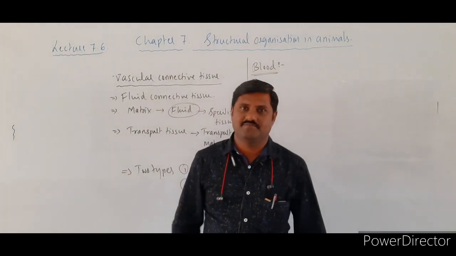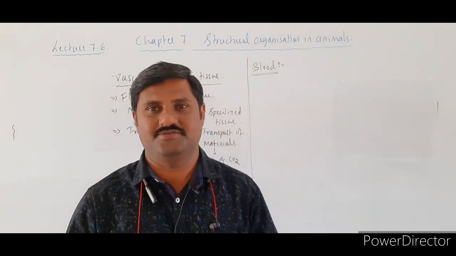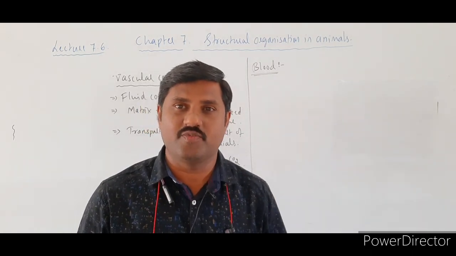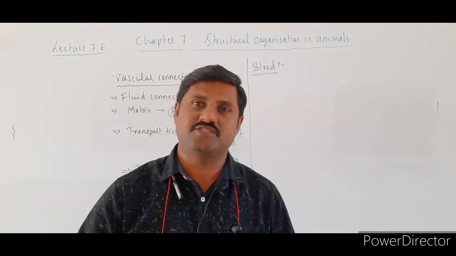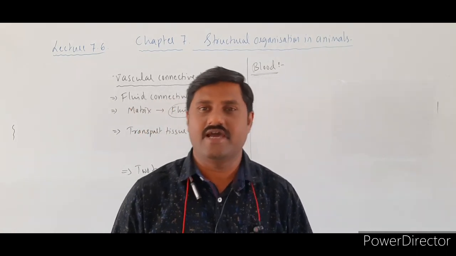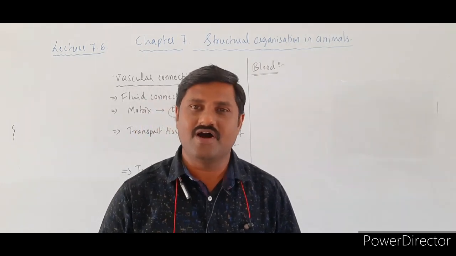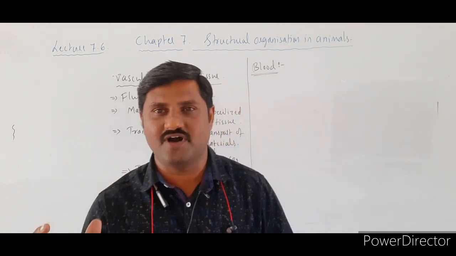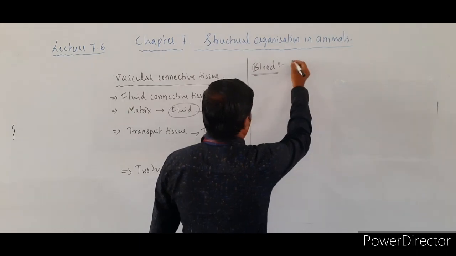Blood is nothing but a thick, red colored, viscous fluid that flows across the body and carries many useful and waste products across the body, right? So what does blood contain? Mainly it contains the plasma as well as formed elements. This is a more important point to be remembered.